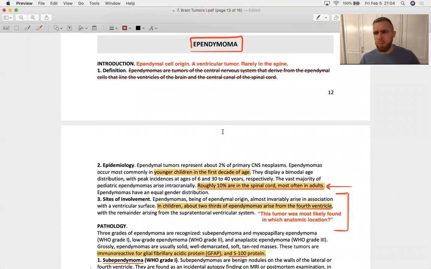So the glioblastoma multiforme and the oligodendroglioma were both adult tumors. Now we're getting back into what's usually a pediatric tumor, the ependymoma. So the cell of origin here is the ependymal cell. And because ependymal cells line your ventricles, this tumor grows into the 4th ventricle.